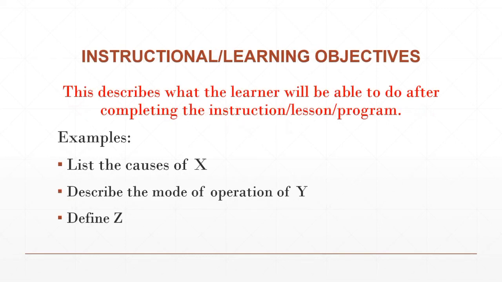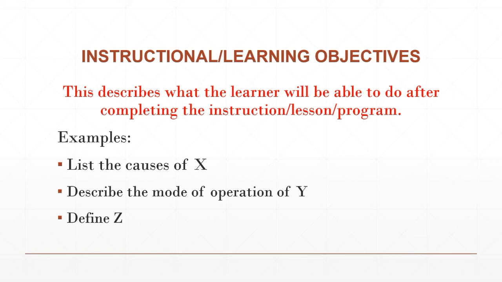How about instructional or learning objective, which oftentimes is what we list in our lesson notes? It describes what the learner will be able to do after completing the instruction or the lesson or the program.